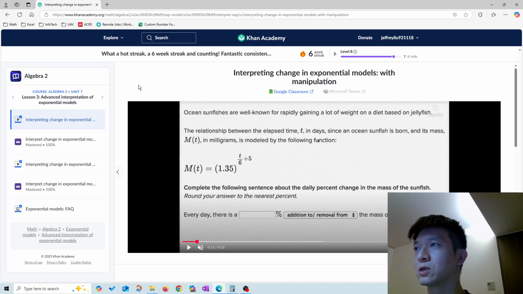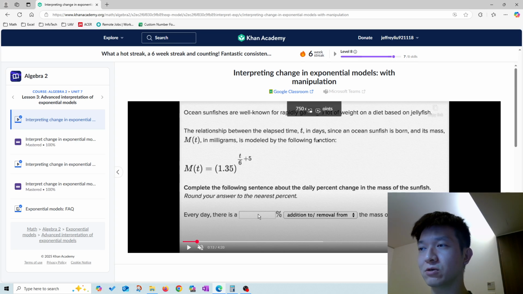Okay, so the interpretation of the models is always about translating the English into a mathematical expression, and sometimes it's the other way around: you have the models and you translate back into the statements.